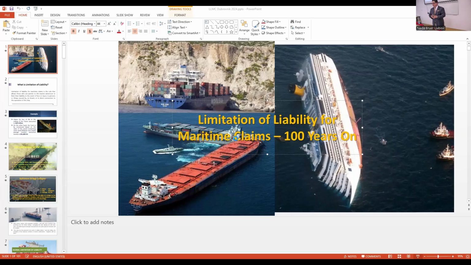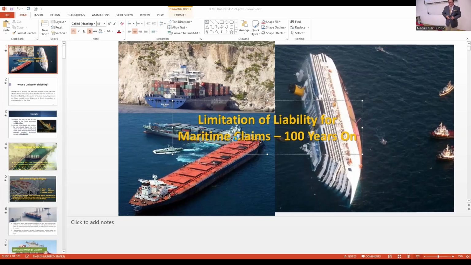There's a huge difference here. And this tells us it is calculated on the value of the vessel, which we will come back to. So this is an early example, and it shows us that limitation of liability has been around for a while, but now it may be more important than ever.